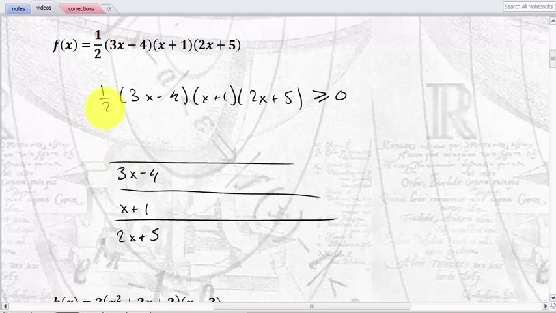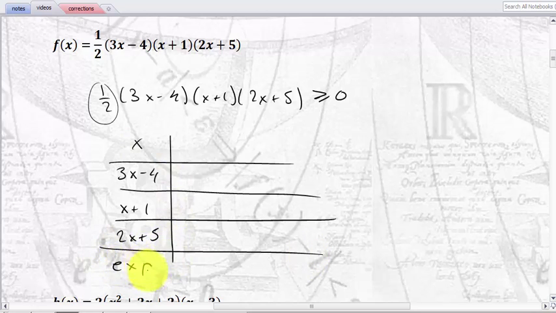If you were to study, for example, the inequality 1/2 times 3x minus 4 times x plus 1 times 2x plus 5 greater than or equal to 0, in your sign chart, you would have to write all the factors 3x minus 4, x plus 1, and 2x plus 5. Recall the previous lecture. I don't need to write 1/2 because it's positive. Here would be my line of x's, and in the end, I would have the expression right here.